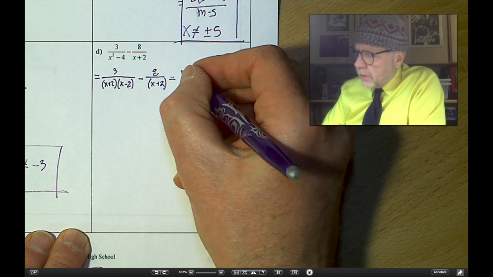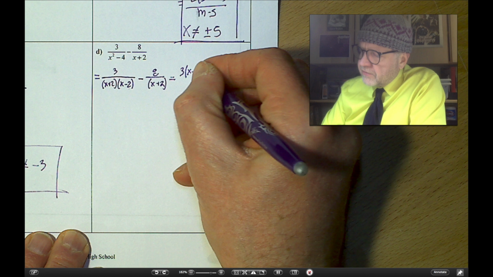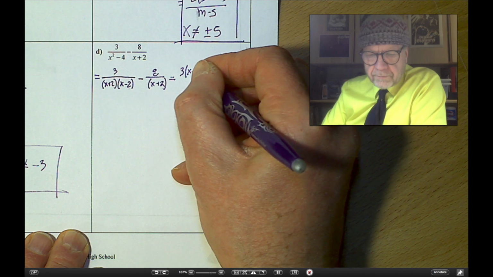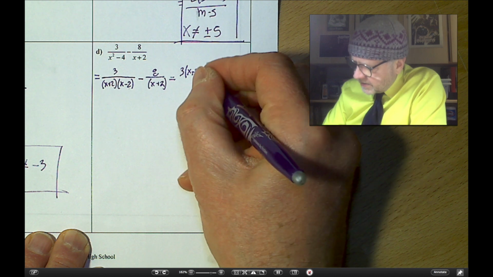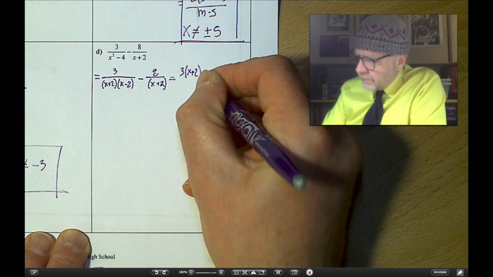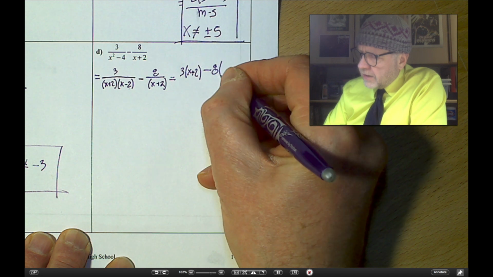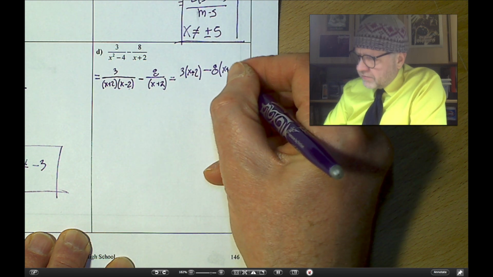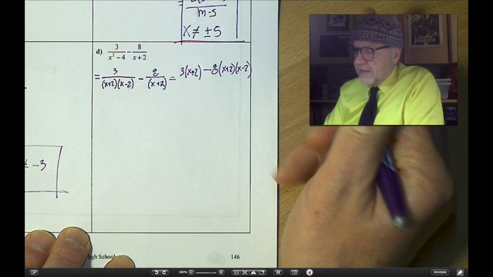I'm going to do the cross product here. 3 times x plus 2. Just make sure I've got that right. 3 times x plus 2 minus 8 times x plus 2 times x minus 2. Okay, so I multiply.